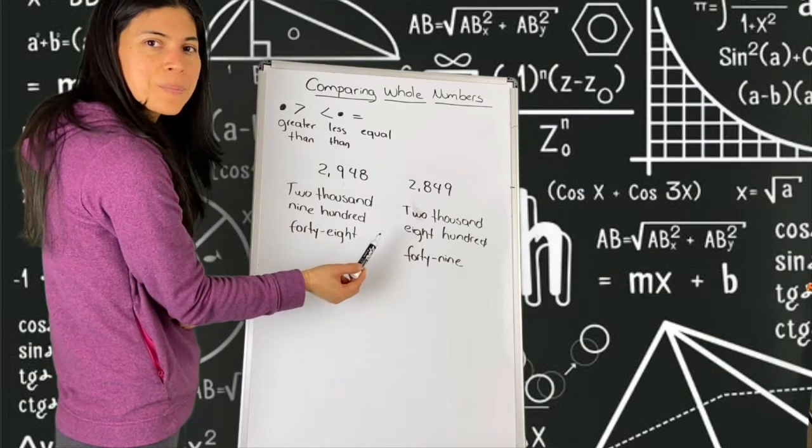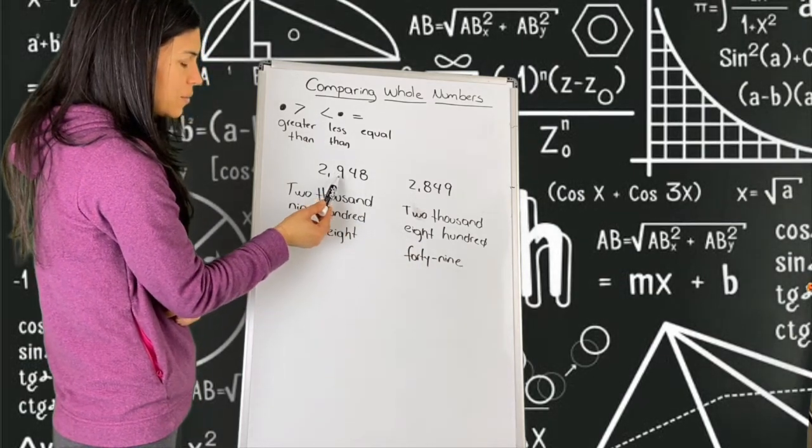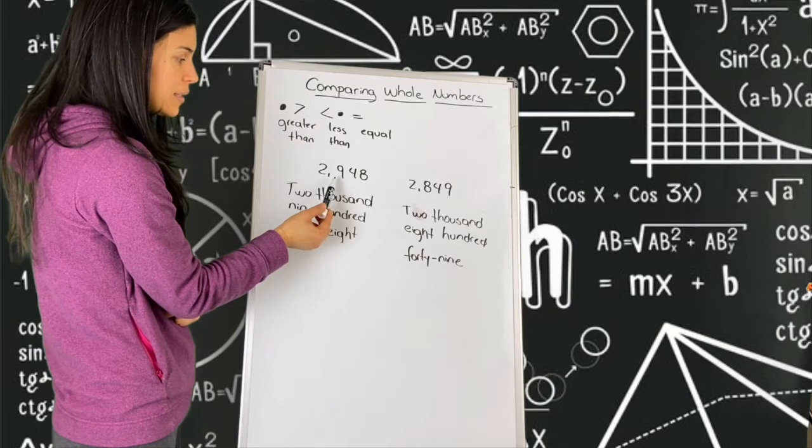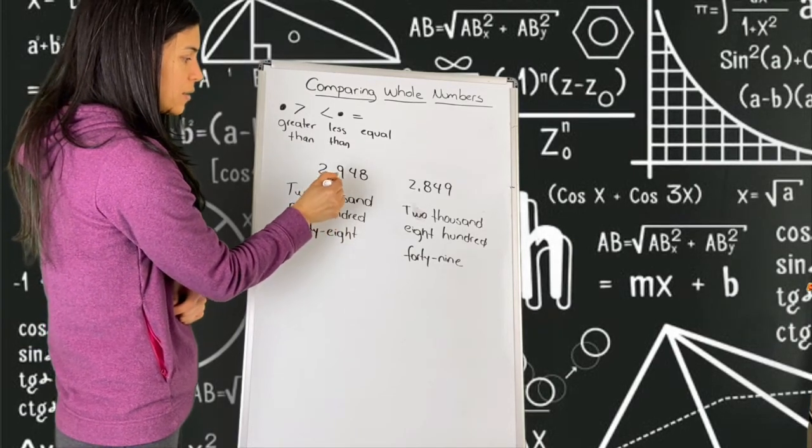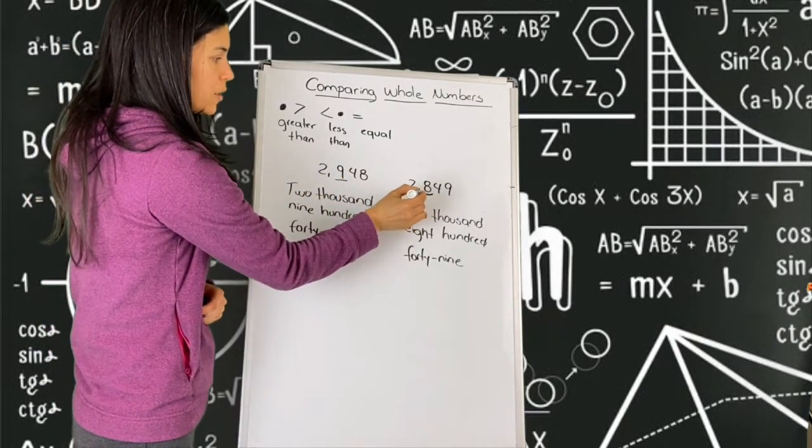Therefore, I know that the biggest value is over here, in the 900. 9 is bigger, 900 than 800.